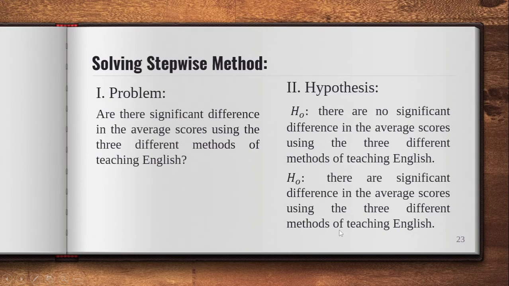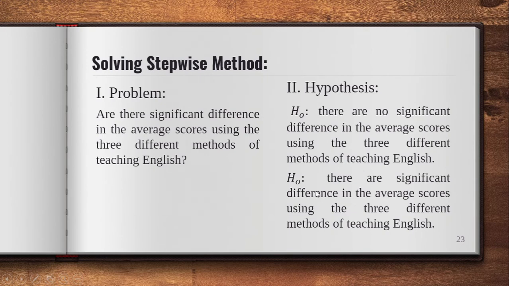Now, in solving stepwise method, in the problem: are there significant differences in the average scores using three different methods of teaching English? In the hypothesis, there is no significant difference in the average scores using the three different methods of teaching English.